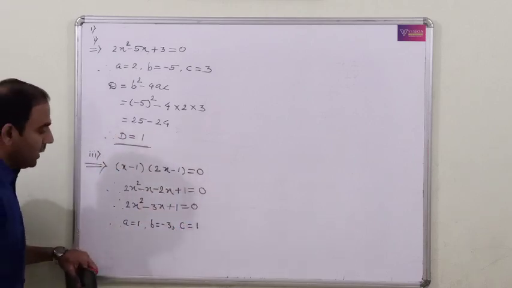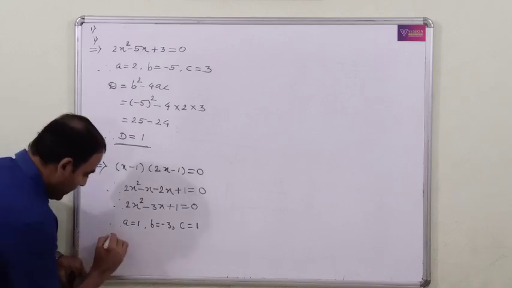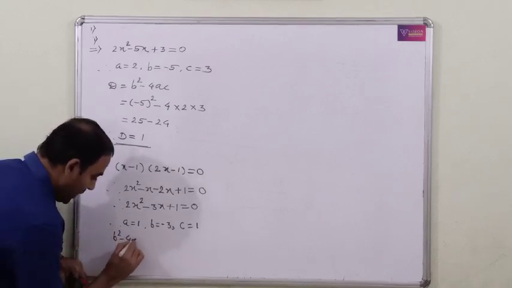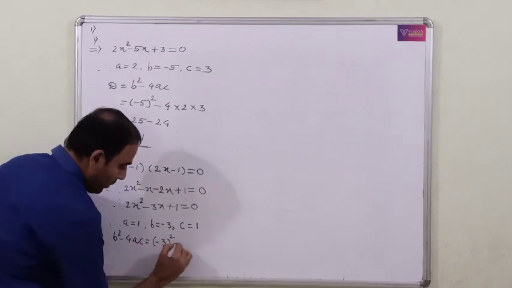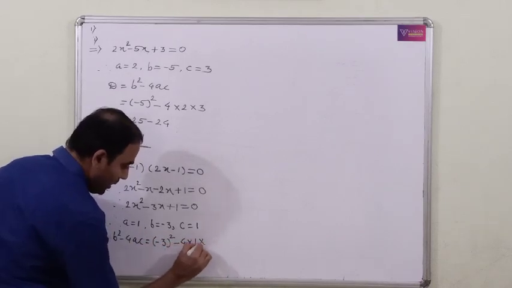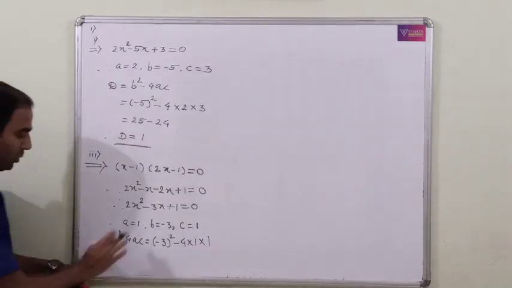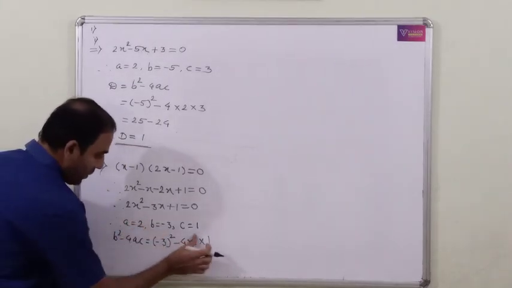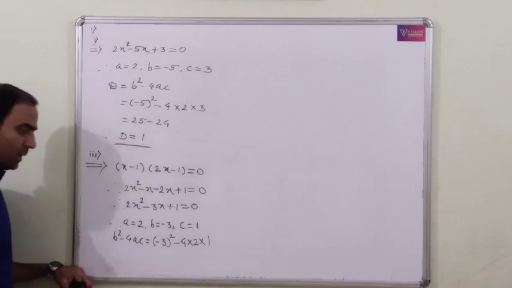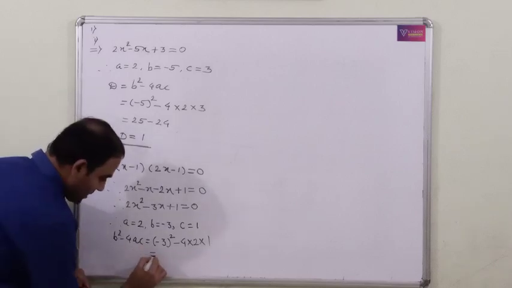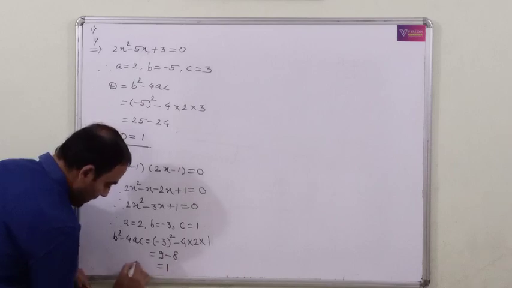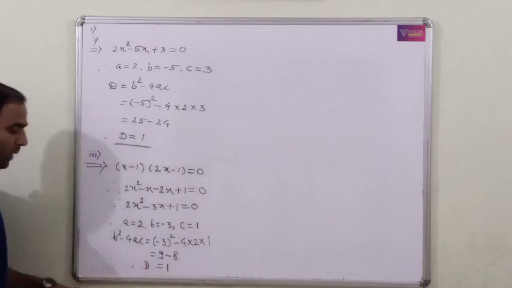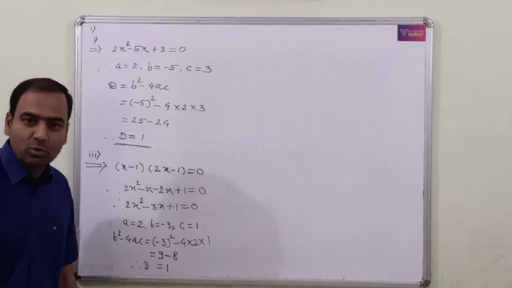Then you find the value of discriminant b square minus 4ac is equals to minus 3 square minus 4 into 2 into 1. So you get minus 3 square is 9, 4 2s are 8. Value of discriminant is equals to 1.